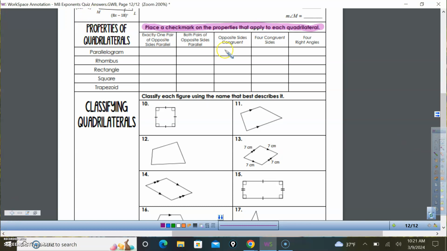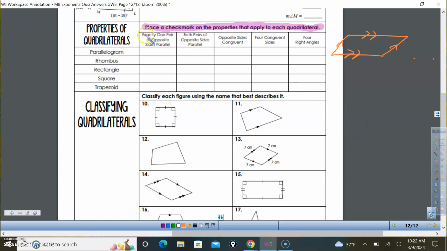So a parallelogram, I am going to draw a picture off to the side. Whoops, that was a bad parallelogram. Let's redo that again. Okay, so a parallelogram is going to have these really angled pieces. It's going to have this pair of parallel sides, and a parallelogram has to have two pairs of parallel sides.